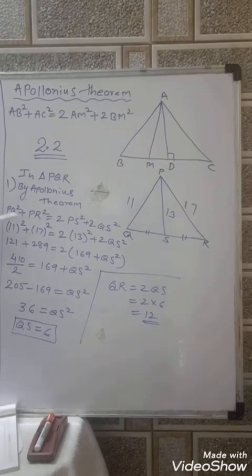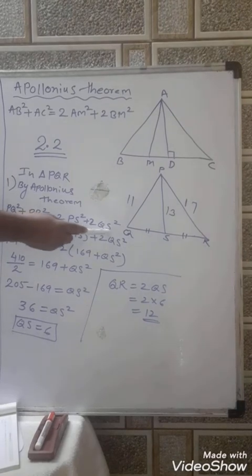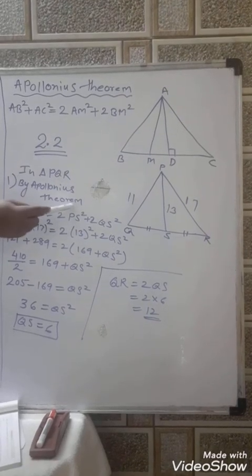So PQ square plus PR square equals 2 times PS square plus 2 times QS square by Apollonius theorem.